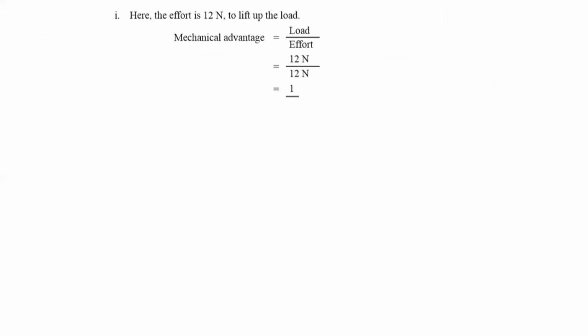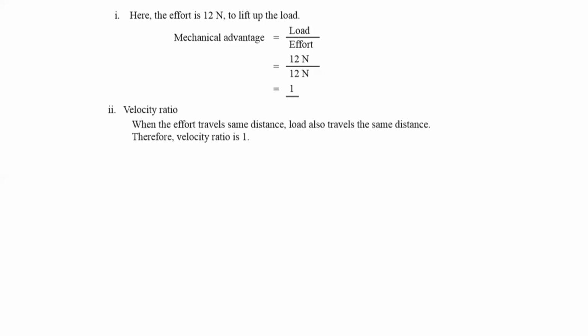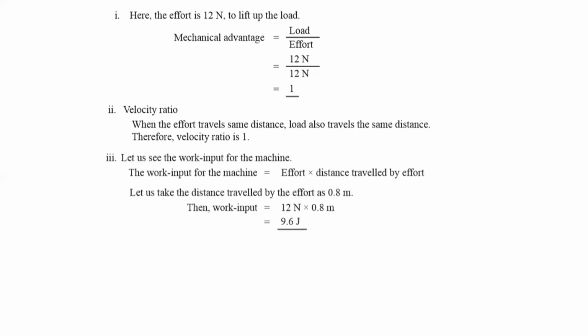Mechanical advantage equals load over effort. If effort is 12 newtons, load is also 12 newtons if we neglect the friction. So mechanical advantage is 1. Velocity ratio: when the effort travels some distance, the load also travels the same distance. Therefore, velocity ratio is 1.